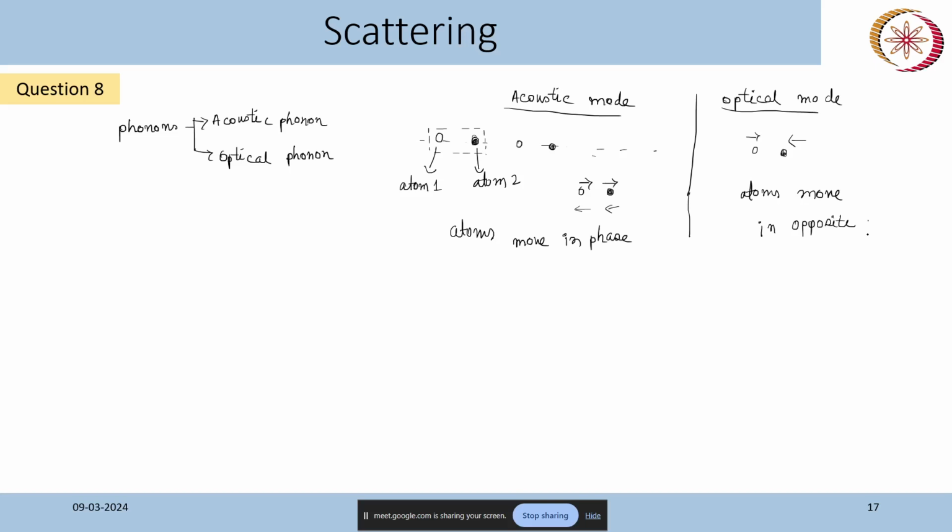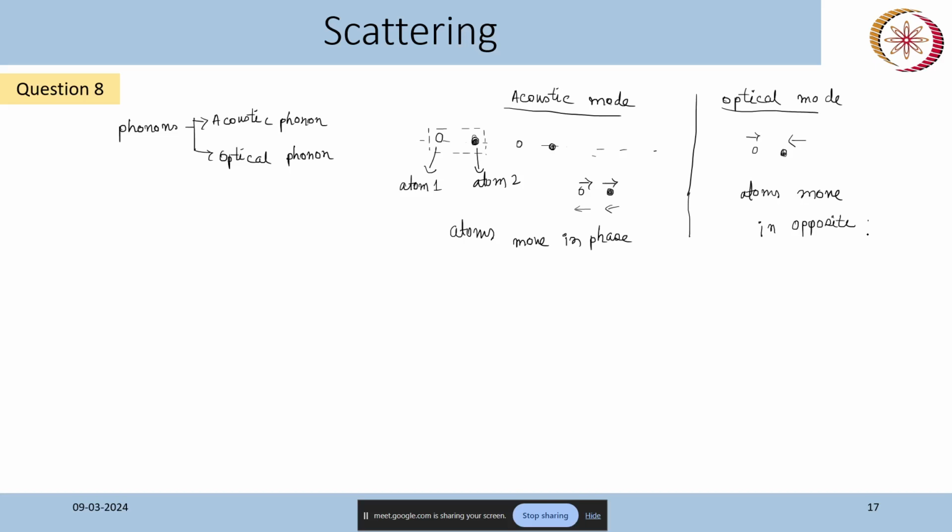This is the difference between acoustic mode and optical mode. And this is for the 1D case. Similarly, we can think about the 2D and 3D cases also.